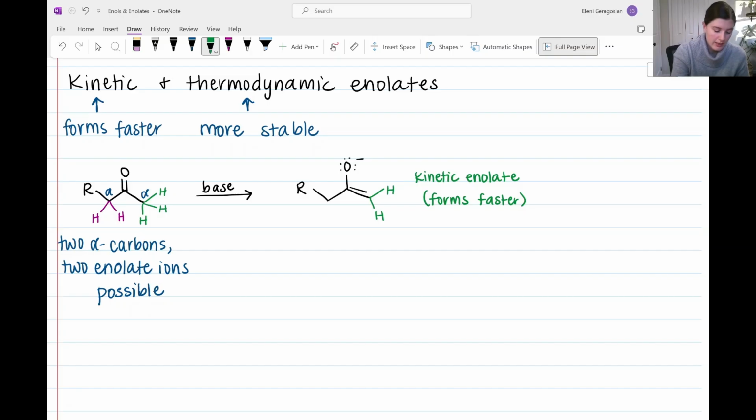Now let's look at what the enolate ion would look like if we remove a hydrogen from the other, more substituted carbon, on the left of the molecule. If we removed an alpha hydrogen from the alpha carbon on the left, then now we only have 1 hydrogen there. We have a carbon-to-carbon double bond, negative oxygen, and our CH3 group. So we still have these 3 hydrogens here.